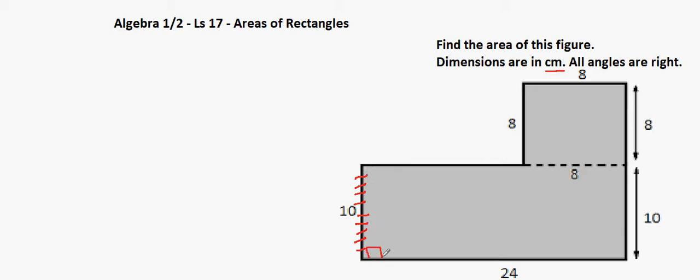If I do 24 across and I go up 10, these end up being little cubits, little units. There would be how many? Well, that's the question of area. How many squares would I end up having if I went all the way to this dotted line? How do I find that?